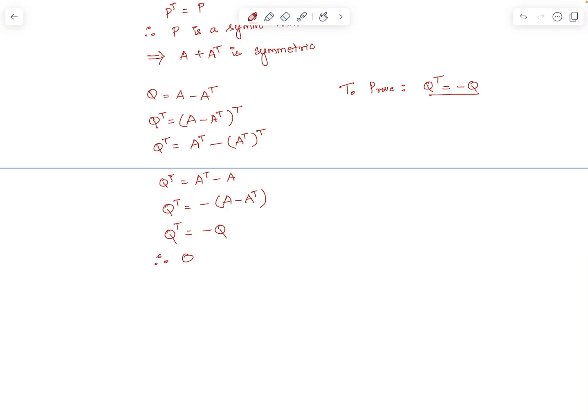Therefore, Q is skew symmetric, which implies A minus A transpose is skew symmetric.